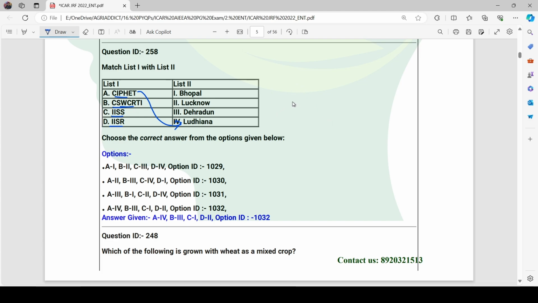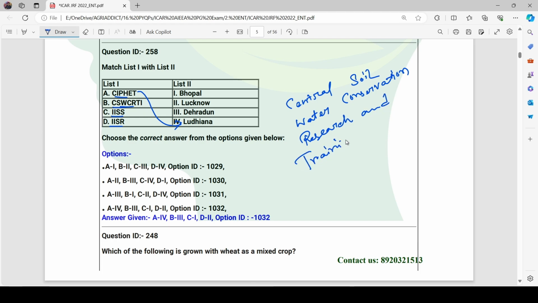It is the Central Soil and Water Conservation Research and Training Institute. But now the name has been changed.